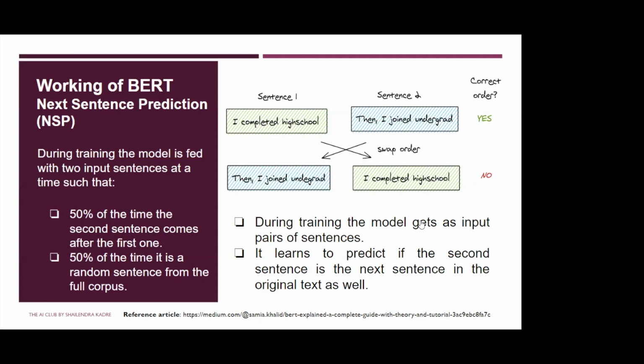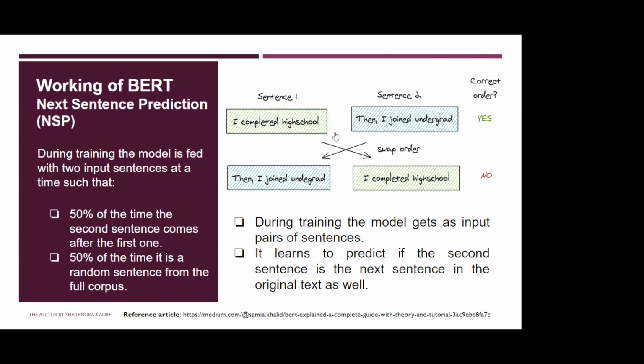During the training, the model gets as input a pair of sentences. Since you need to take one sentence and predict whether the other sentence is the next sentence to the first or not, it will get a pair of sentences.